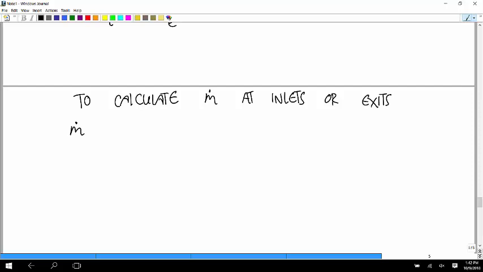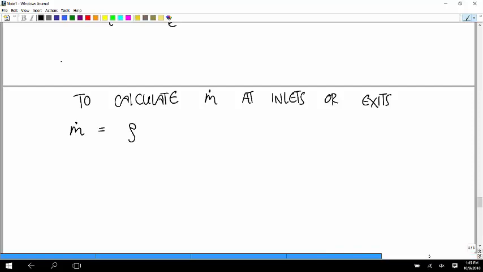Mdot is equal to, so first think of it as, bless you. So the mass leaving is the volume flow rate, how much volume is going through, times the density. That makes sense. And I'm going to write it like this.